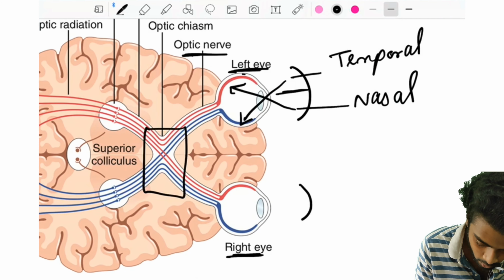Okay, let's get to from optic chiasma. For instance, we are going to talk about our right eye.